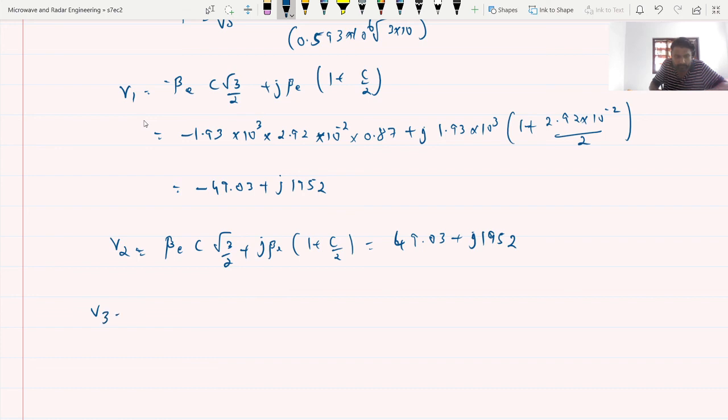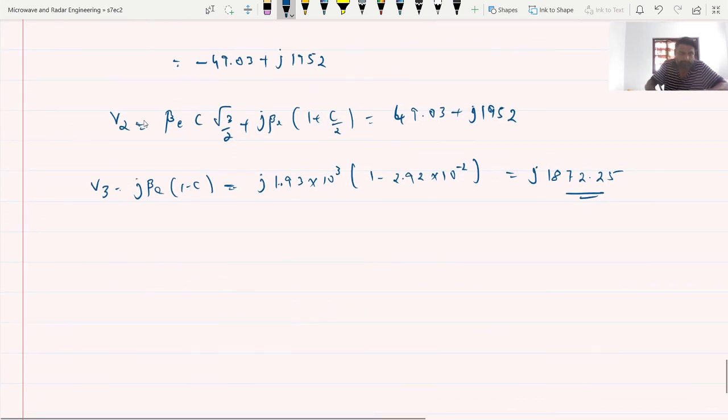And gamma 3 is j beta e into (1 minus C), which is j 1.93 into 10 cube into (1 minus 2.92 into 10 raised to minus 2), which is nearly j 1872.25.